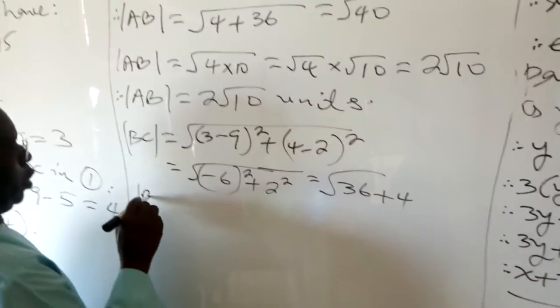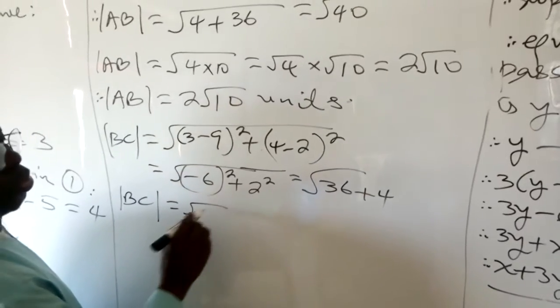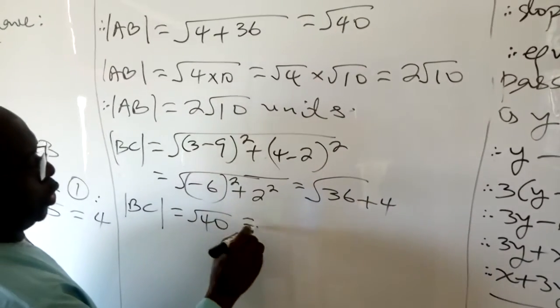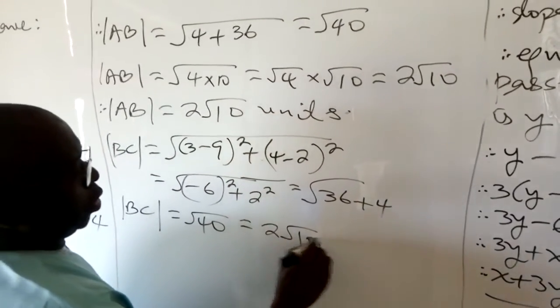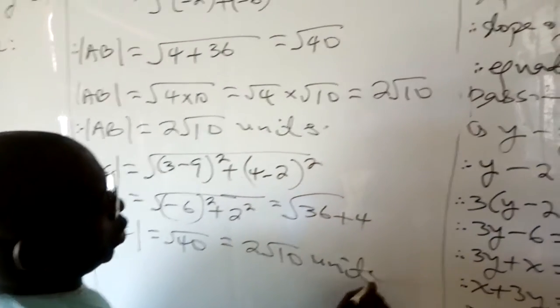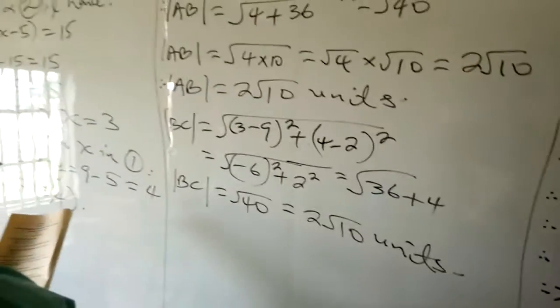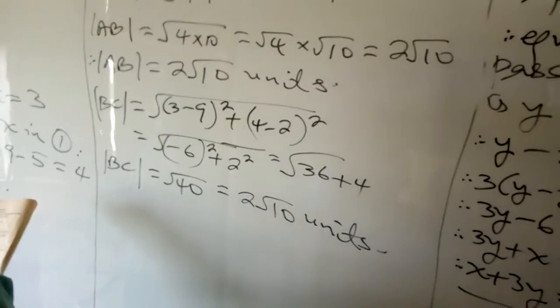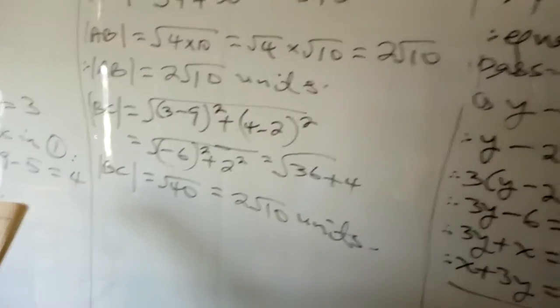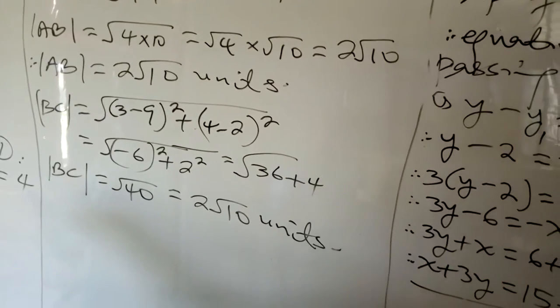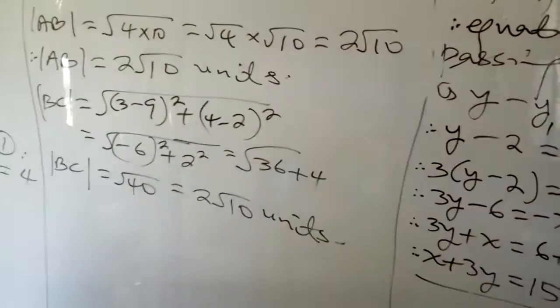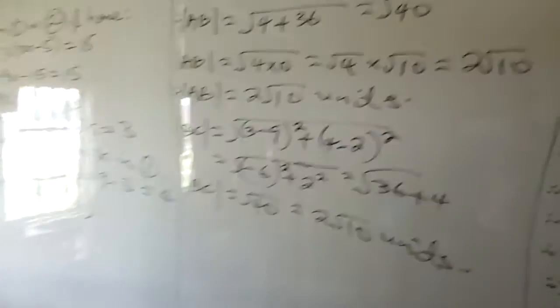So BC is equal to the root of 40, which is 2 root 10 units also. So that is that. Then Roman figure 5: the coordinate of the point D of the square ABCD.